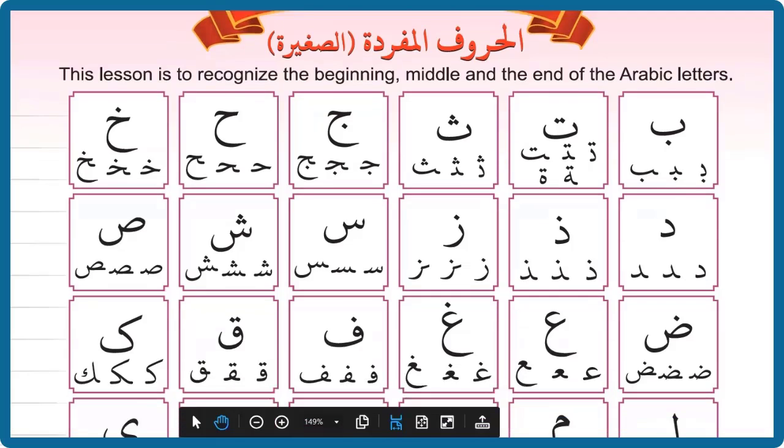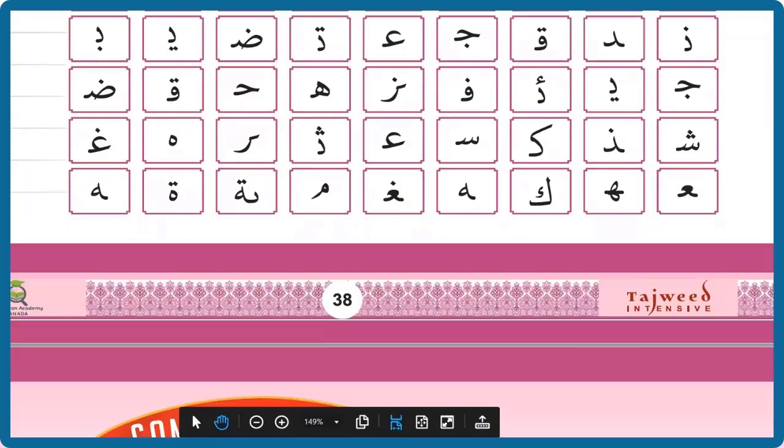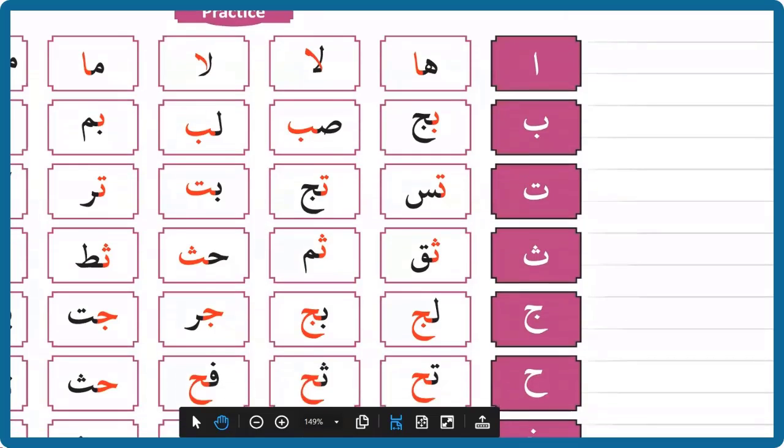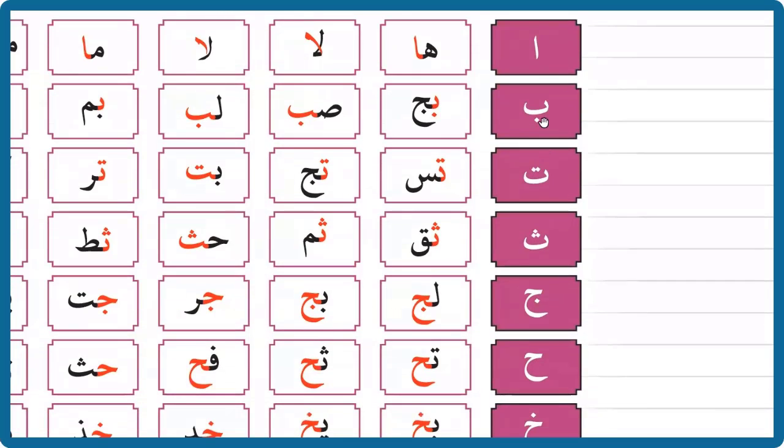And I can show you. Yeah, so you can see here the letter Ba. This is the beginning form, okay? Whenever Ba comes at the beginning, you can see the half boat shape and a dot at the bottom, right? This is the final form. Whenever Ba comes at the end of the word, you can see it in this shape, right?